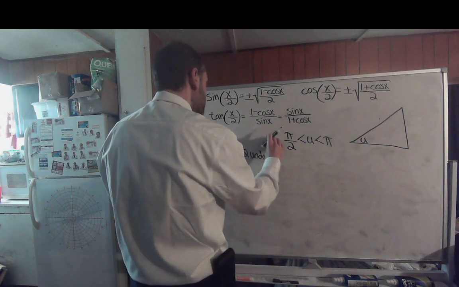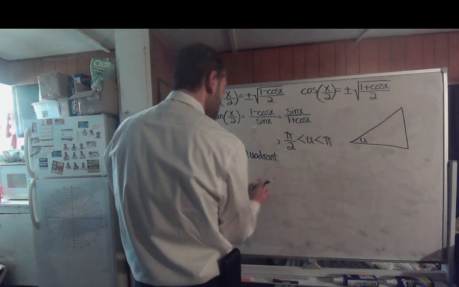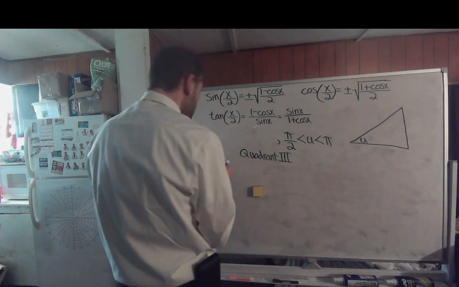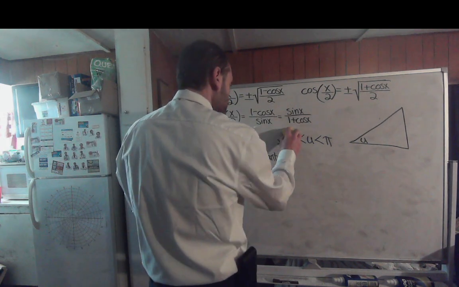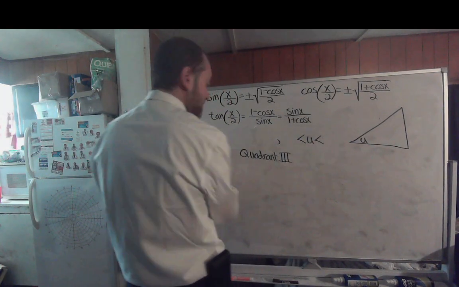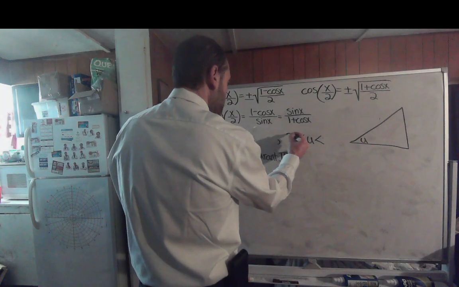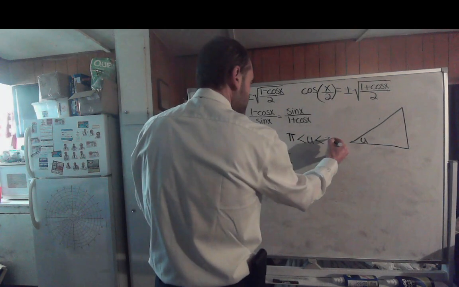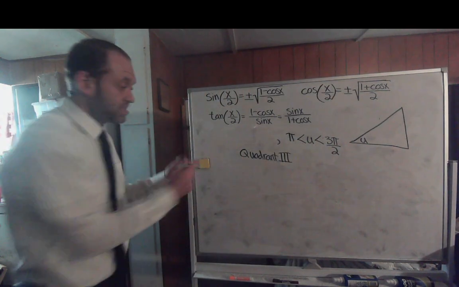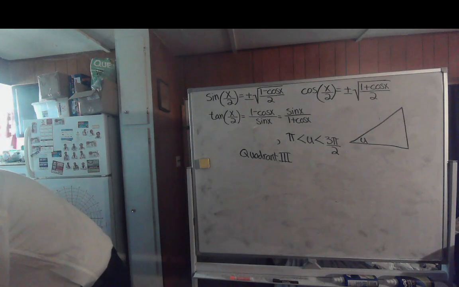That much is a given. I'm dead set on that. So that means pi would have to be less than the angle, which means the angle would have to be less than 3 pi over 2. So that would denote the third quadrant. Let's see what they give us for one.